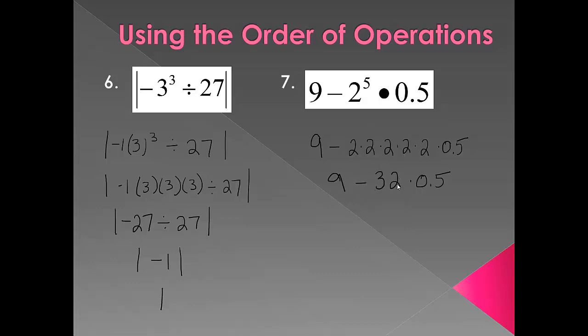If you want to think of this as negative 32 times 5/10, that's fine, or you can say 9 minus and then do 32 times 5/10. We'll go ahead and use this as a negative. So we have 9, and then if we have negative 32 times 5/10, we're going to get negative 16. So we have 9 minus 16, and 9 minus 16 is going to be negative 7.